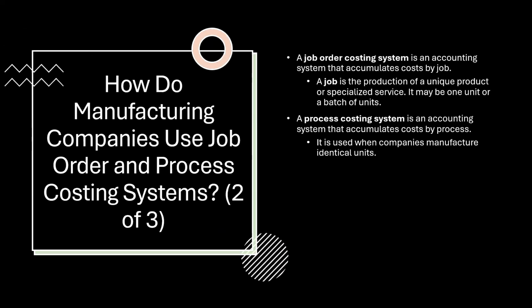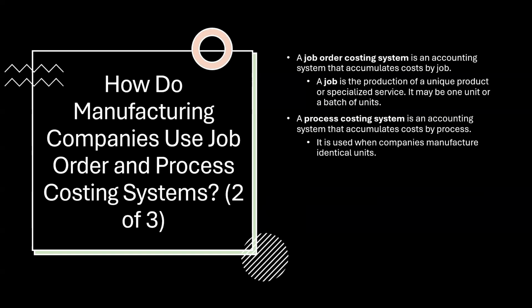Traditional cost accounting systems can be categorized into 2 types. One is job order costing, and the other, of course, is process costing. Now, job order costing is employed by companies that produce unique products or offer specialized services.